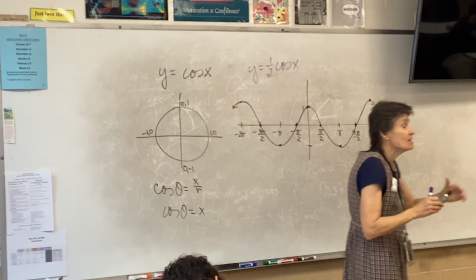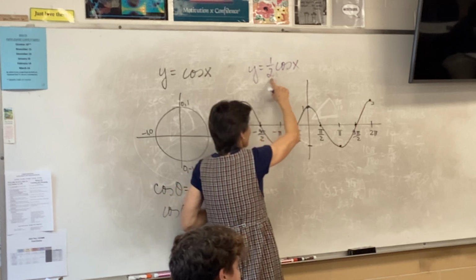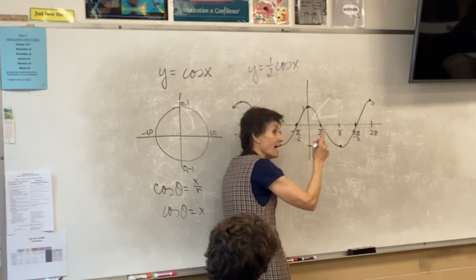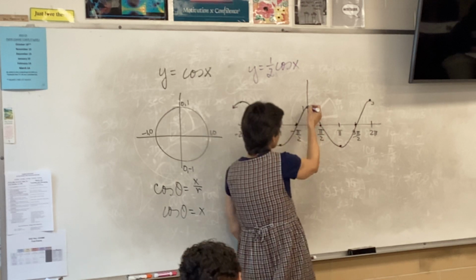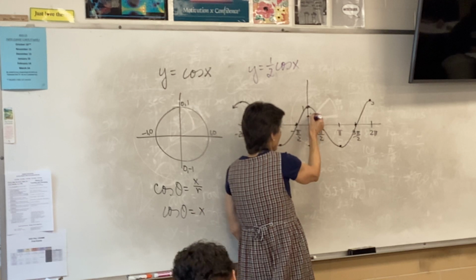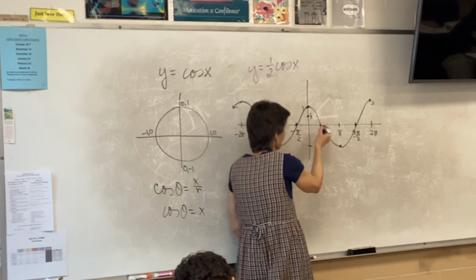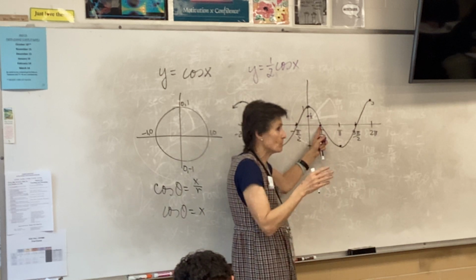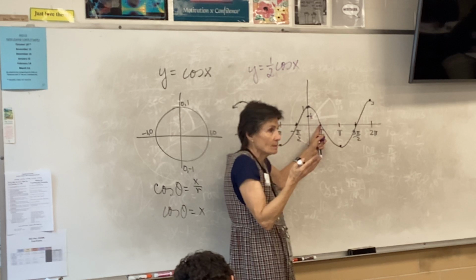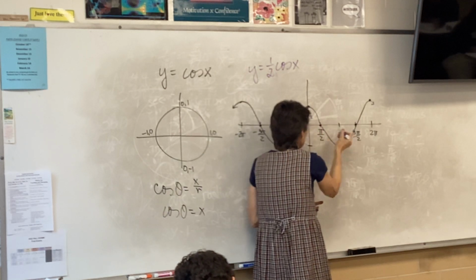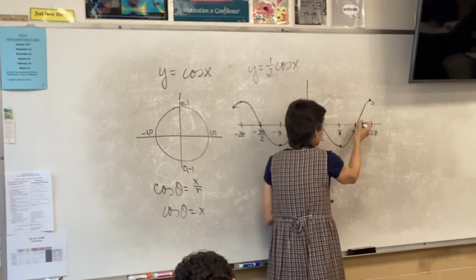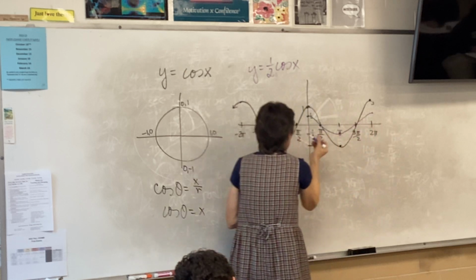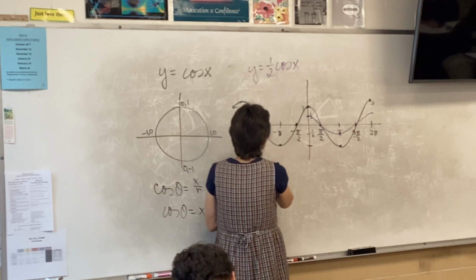A 1/2 out in front is going to make this thing half as tall as it was. So instead of going all the way up to 1, it's only going to go up to 1/2. Zeros don't change, because the height is 0, and times 1/2 it's still 0. But this one will be -1/2.